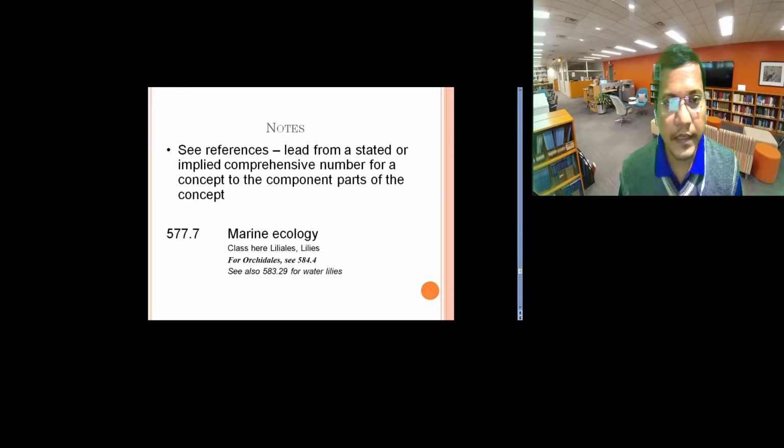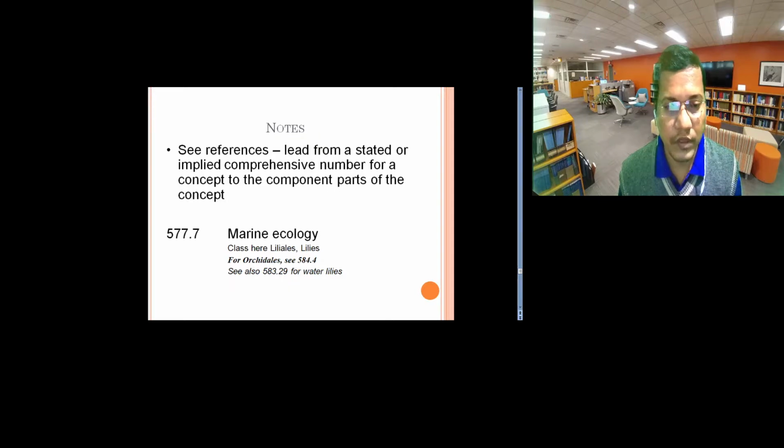See reference is another kind of note. It leads from a stated or implied comprehensive number for a concept to the component parts of the concept. For example, 577.7 Marine ecology. Class here lilies; for orchids, see 584.4.